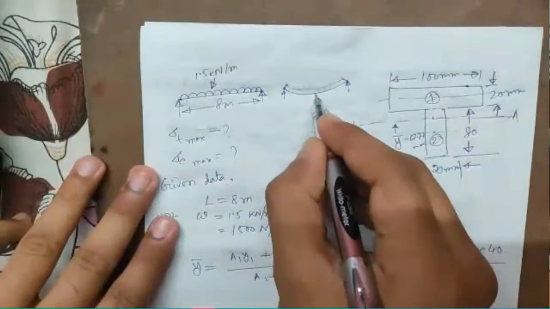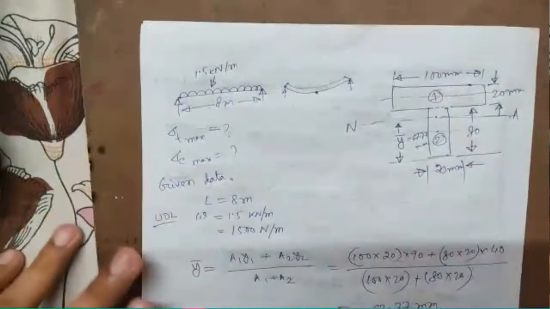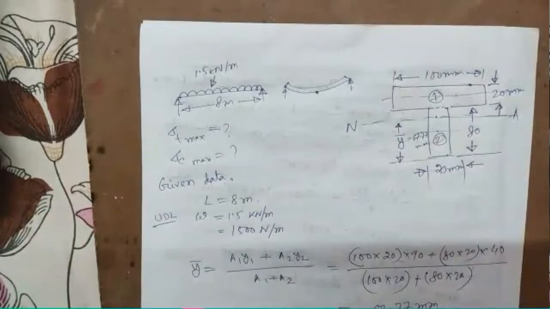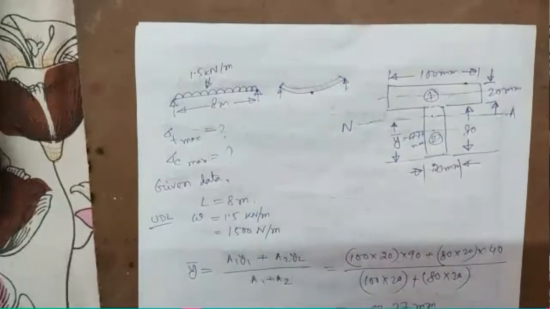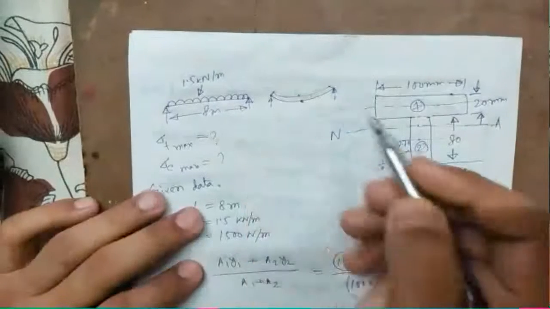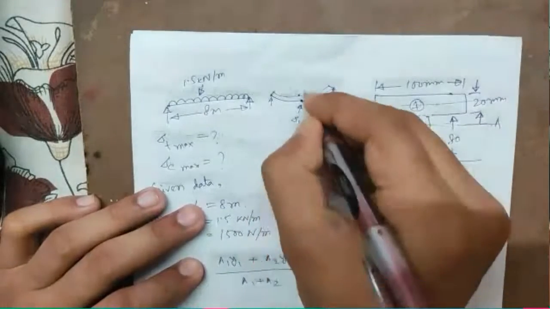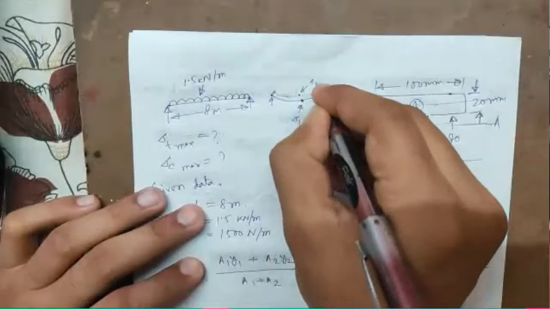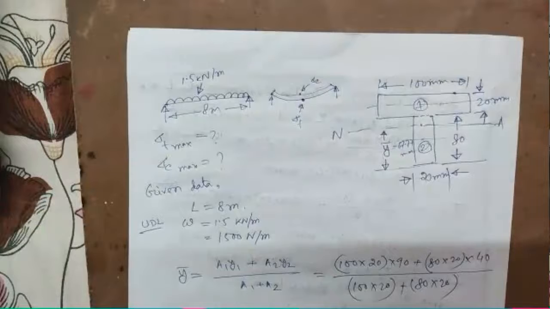This is not even required. So the bottom fiber of this beam will be facing a tensile load, and the top of this beam will be facing a compressive load. The top fiber will be facing compressive load and the bottom fiber will take tensile load.